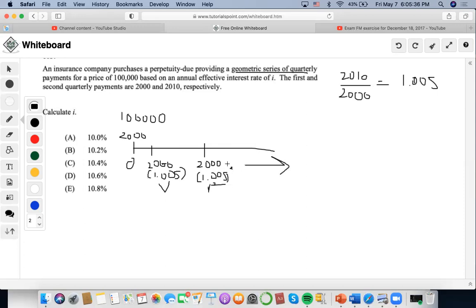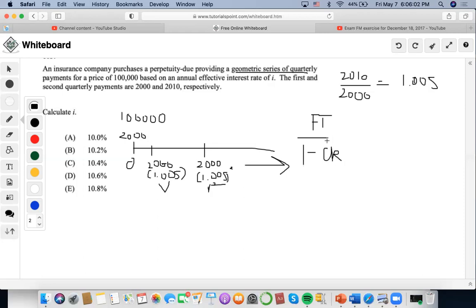Now let's actually solve this perpetuity due. How do we find a perpetuity due involving a geometric series? It's going to be the first term over 1 minus the common ratio. There is no omitted term subtracted in the numerator because the perpetuity is an ongoing thing. It's not ending anywhere. So it's just going to be this equation.